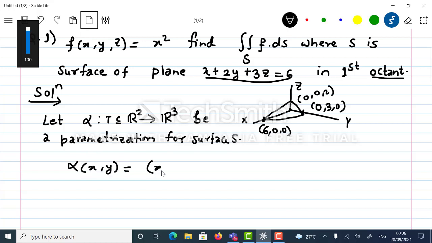So it is x comma y comma (6 minus x minus 2y) upon 3.